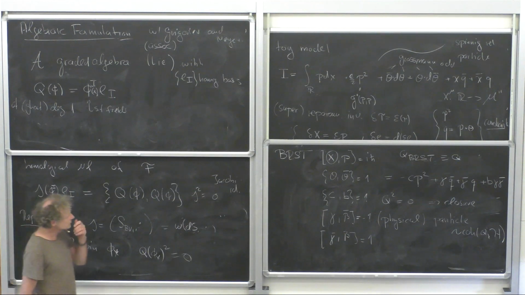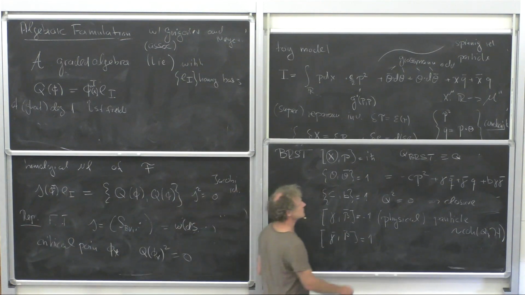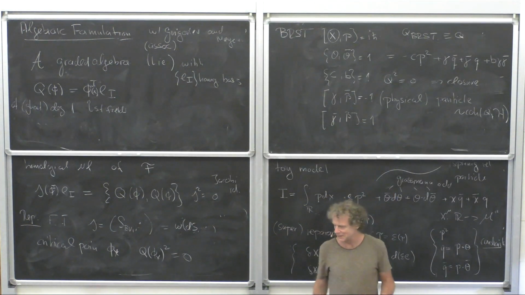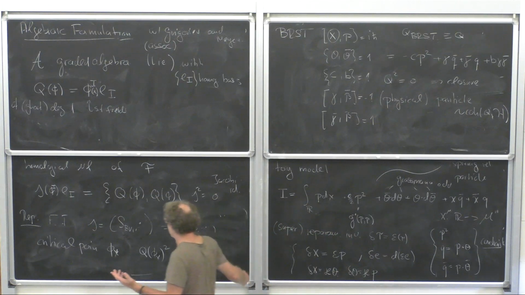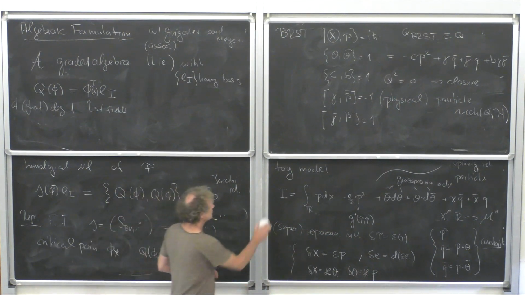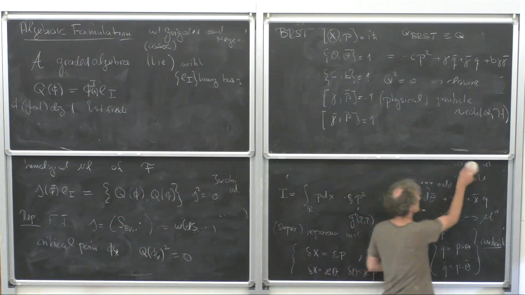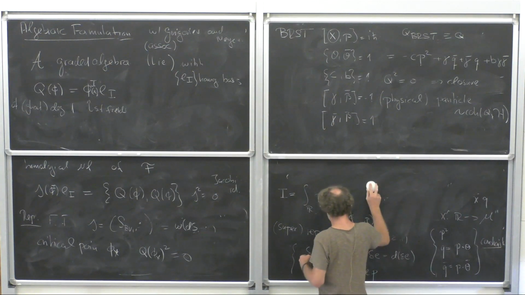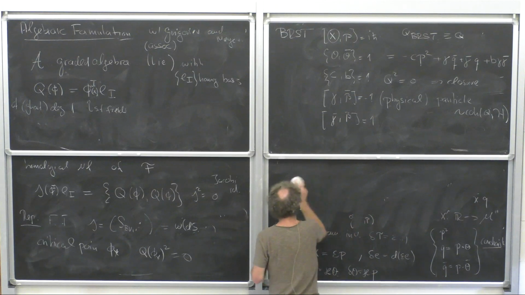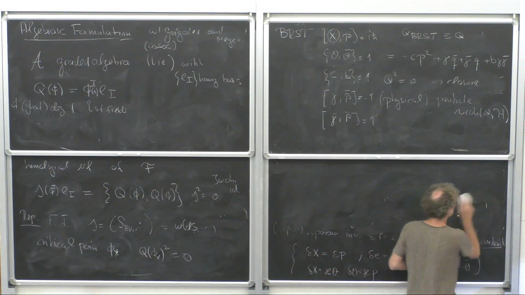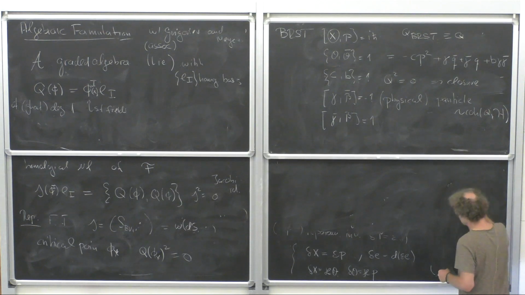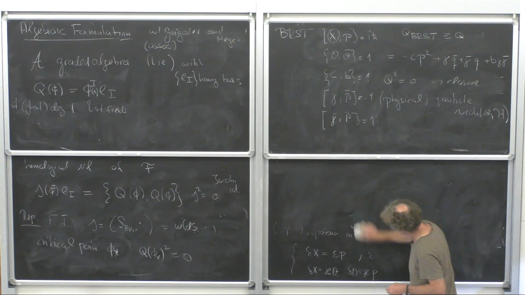If I wasn't starting with a particular worldline, but just some algebra, I have no idea what particle I'm describing. I just know I have some algebra of generators, but I don't know what it describes. So we need one more ingredient, which in string theory would be called an operator state correspondence.